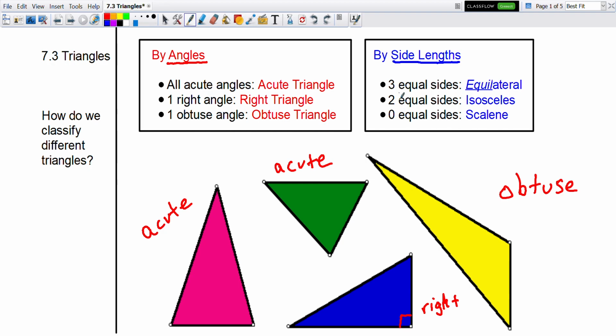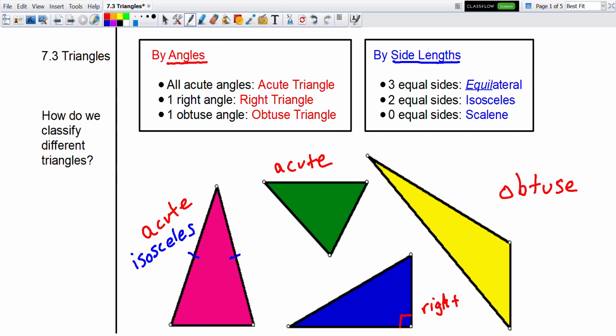But if there are two equal sides in the triangle, we call that an isosceles triangle. Okay, so maybe these two sides look fairly equal. So we call this an acute isosceles triangle. Again, named off of two of its names, the angles and the side lengths.